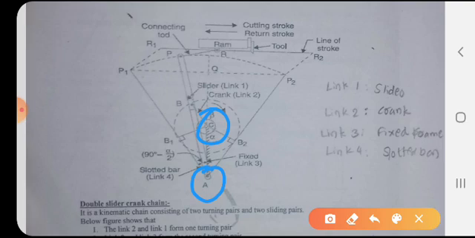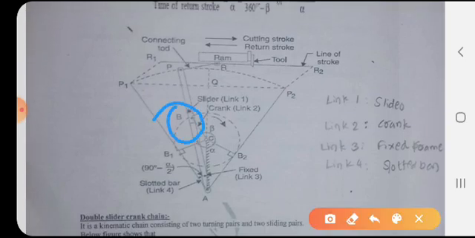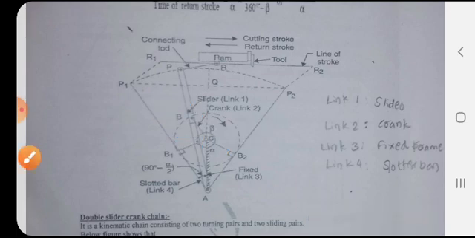The driving link 2 is the crank BC, which revolves with uniform angular speed about a fixed center C. A sliding block is attached to the crank pin at point B.